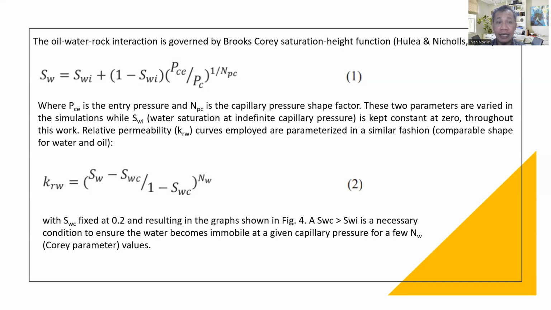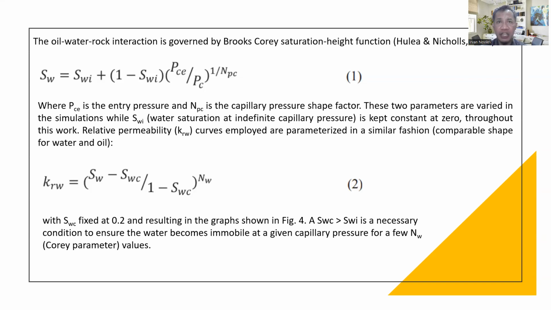In the second equation, relative permeability curves are used to describe the flow behavior of water and oil in the rock. These curves are parameterized in a similar way, meaning they have a comparable shape for both water and oil. This allows researchers to analyze and understand how water and oil move through the rock formation under different conditions.